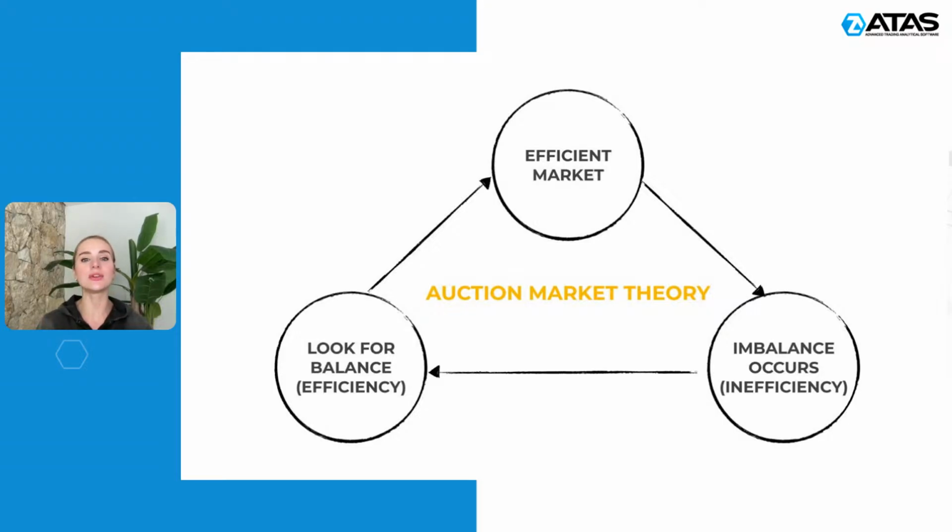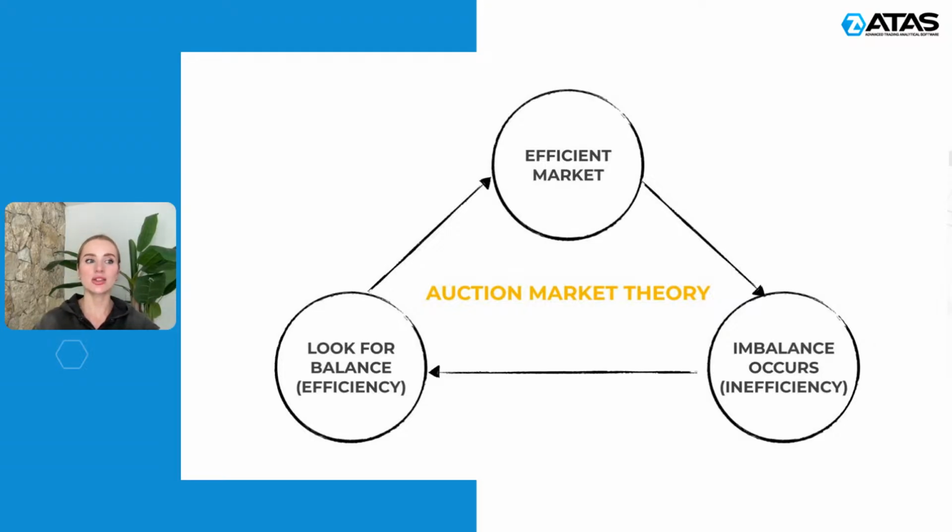And those are inefficient markets. Our job as traders is to recognize those periods of time and transition between them profitably, trading either within the boundary of a balance or within the momentum of imbalance.